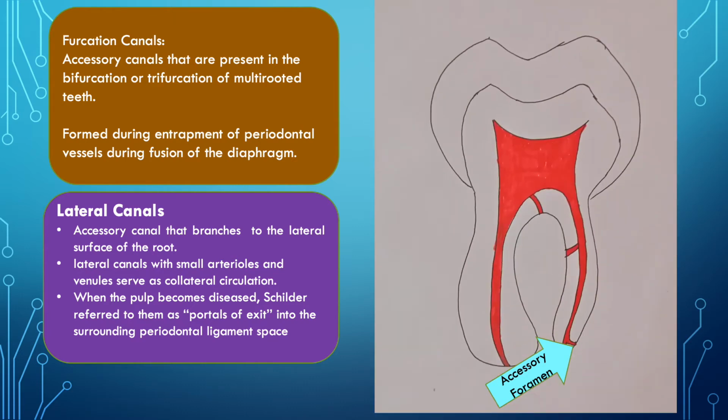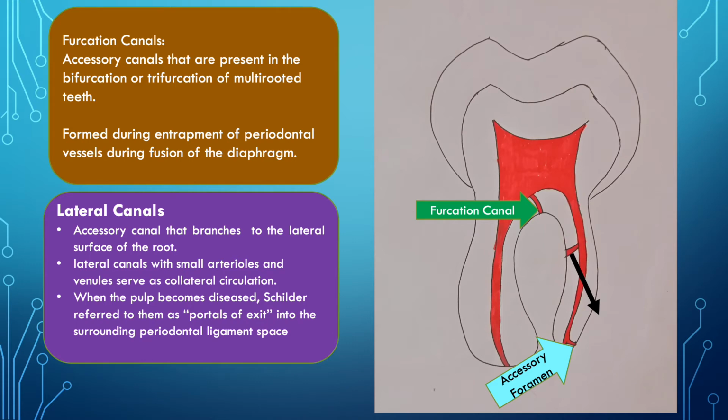Now, this is a tooth structure where we can see the accessory foramen. The furcation canal is the accessory canal that is present in the bifurcation or trifurcation of a multi-rooted tooth. It is formed by the entrapment of the periodontal vessels during fusion of the diaphragm area of the tooth structure. And the lateral canal is an accessory canal that branches to the lateral surface of the root.